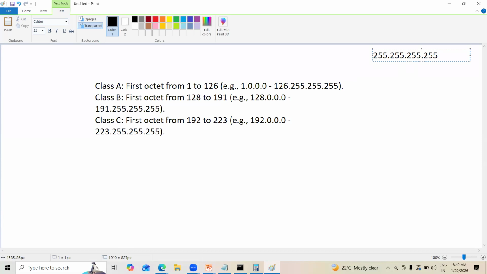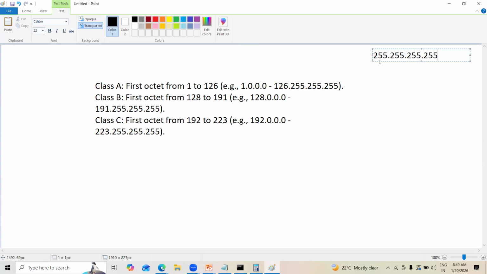This is the maximum number we get. In this range we have both public IPs and private IPs. Which ones are public and which are private is designated by a separate department, something like ICANN or IANA, which designs this.